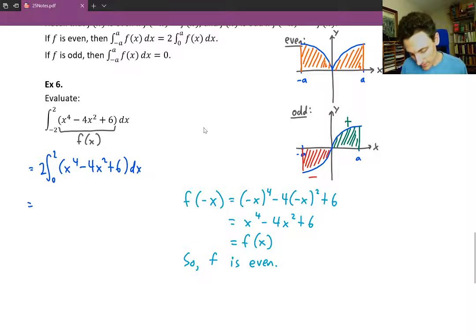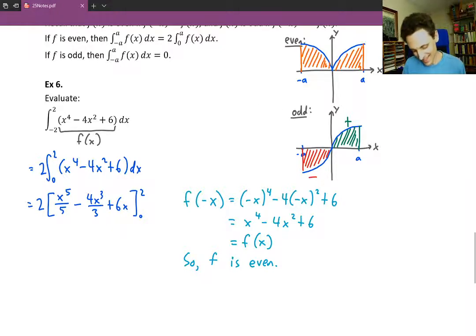So then what you do is you take twice the antiderivative evaluated from 0 to 2, so this is going to be x to the fifth over 5 minus 4x to the third over 3 plus 6x from 0 to 2.